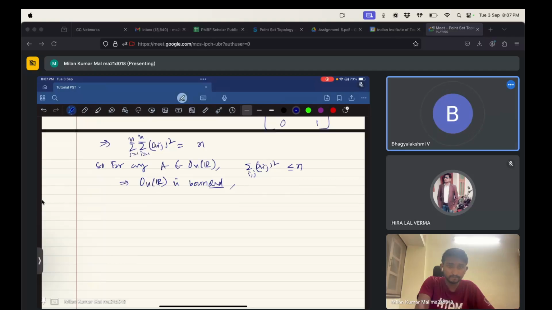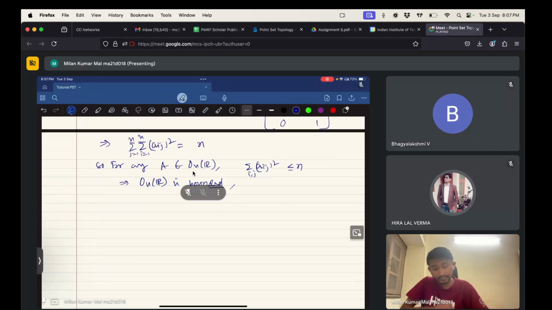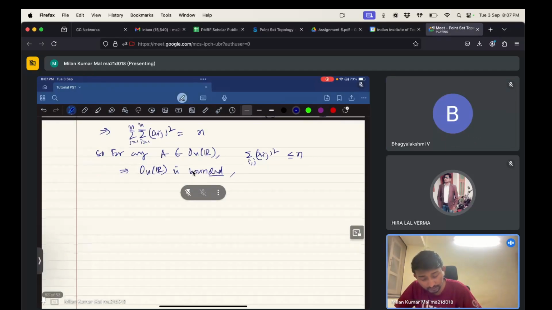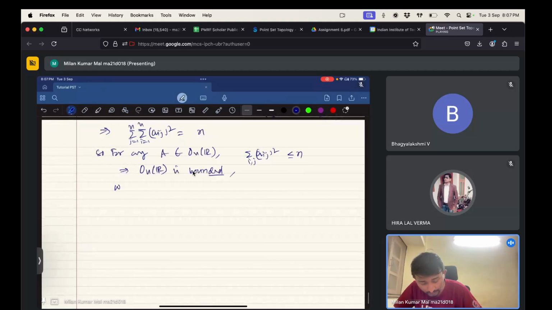So this is bounded, and we have also seen earlier that ONR is closed.